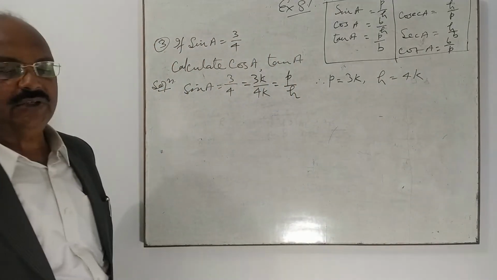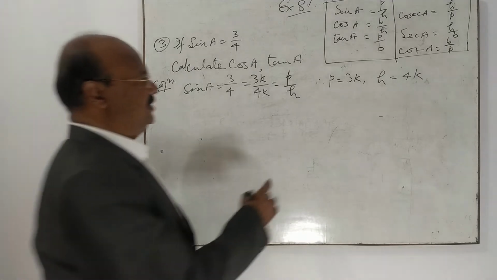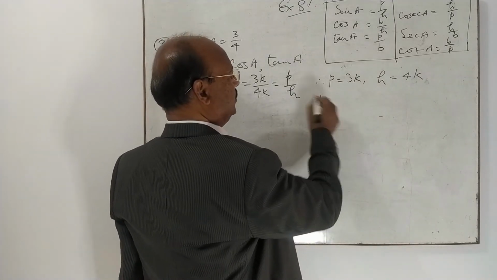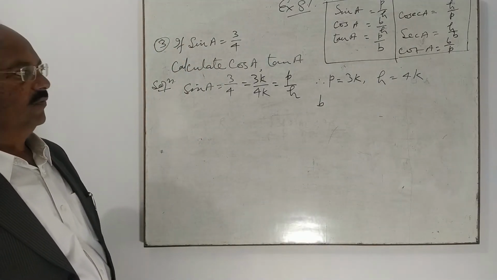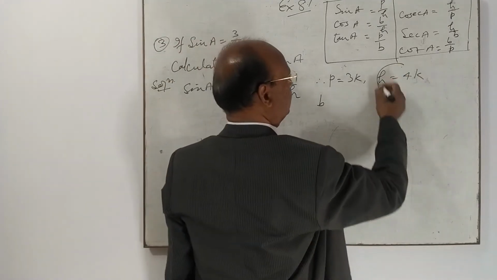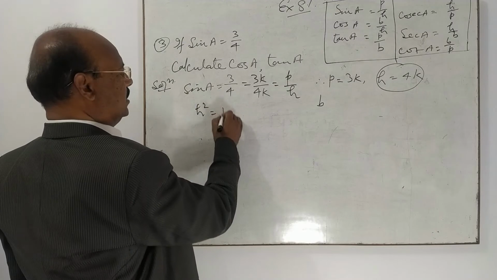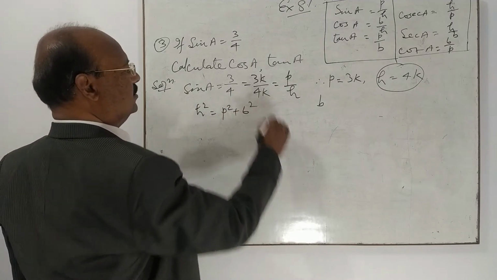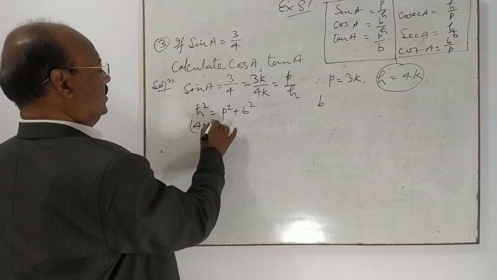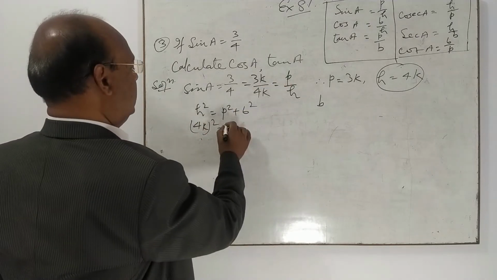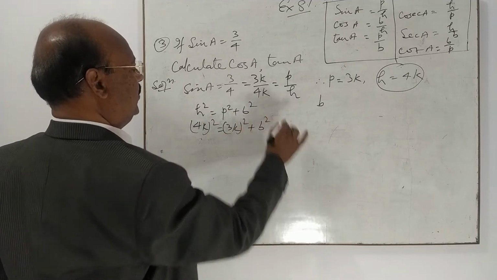Now you tell me what we have to find out here. Which side is missing? Base is not here, so we will find out the base. Hypotenuse is the biggest side. So, by Pythagoras theorem, you write H square is equal to P square plus B square. H square means (4k) square, P square is (3k) square, and this is base square.